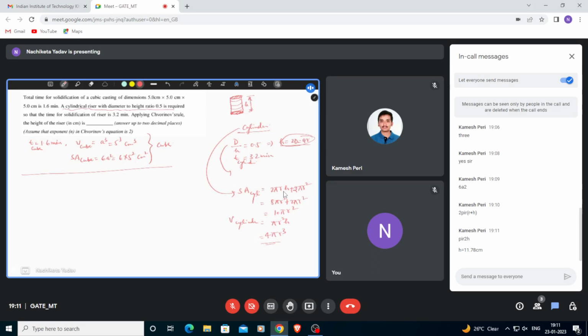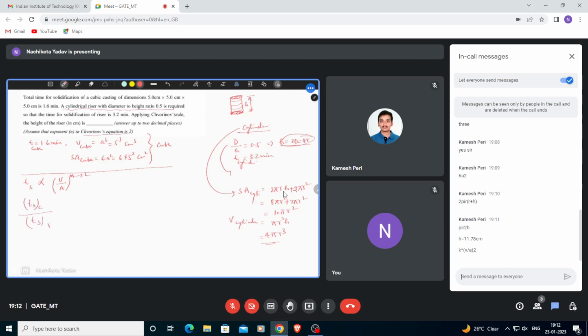Yes, it is right. So from Chauvin's rule, we know surface time is proportional to v by a square of n. But in this question, the n value is given as 2. So simply we'll take the ratio for cube and for riser.